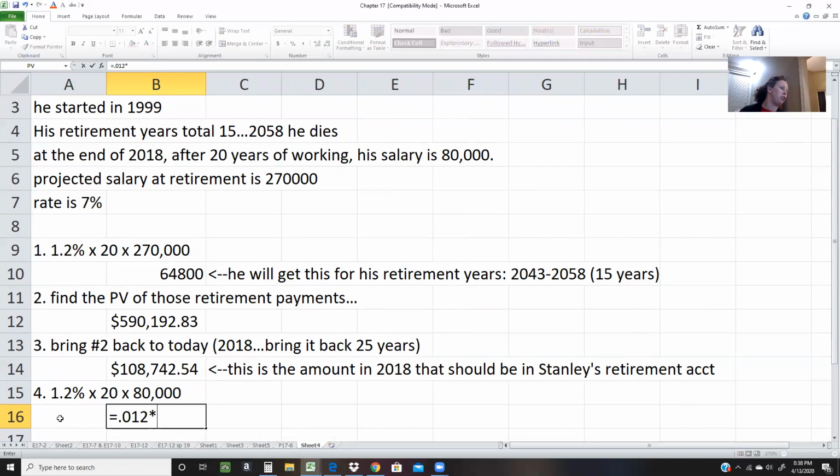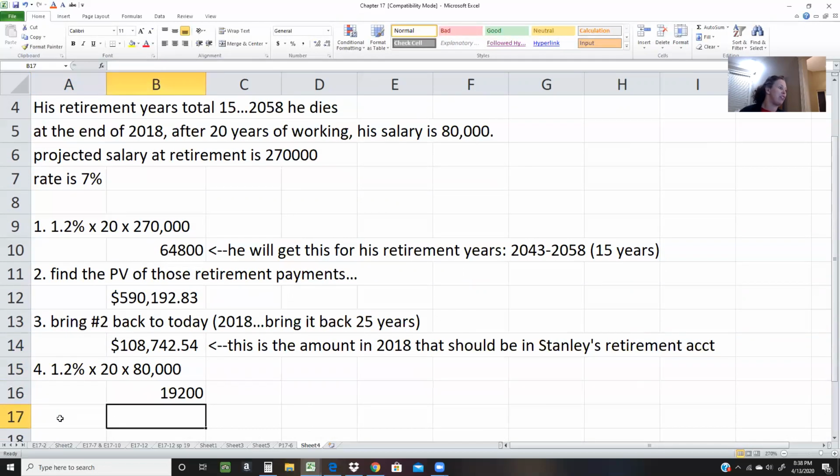So 0.012 times 20 times 80,000, and that's 19,200. Then we bring that back to 2043, and then we bring it back to 2018. So this is using ABO.